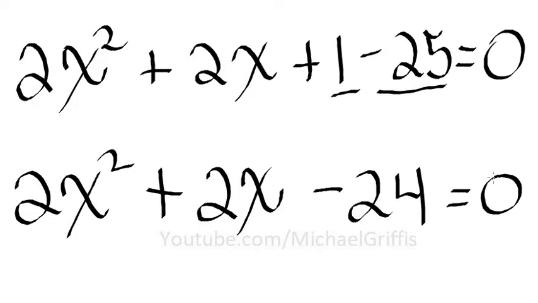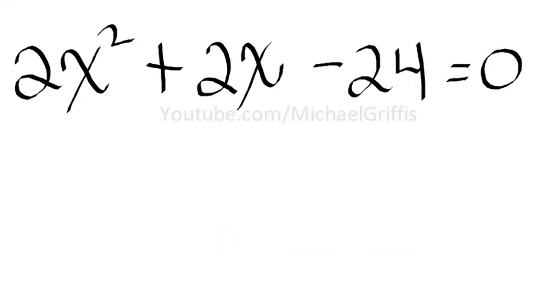Now the next order of business is we want to solve for x, so we have to factor this. When we go to factor a quadratic equation, we want to make sure first that the coefficient in front of x squared is positive.